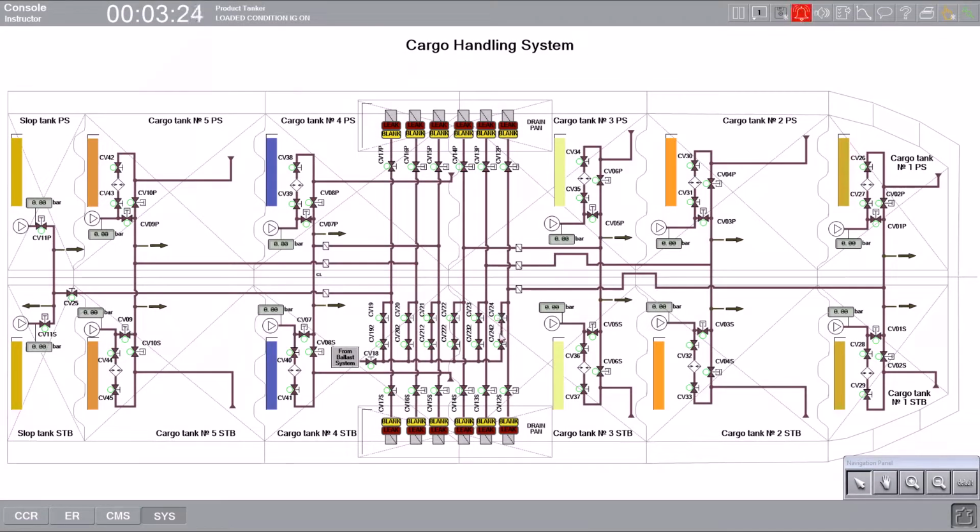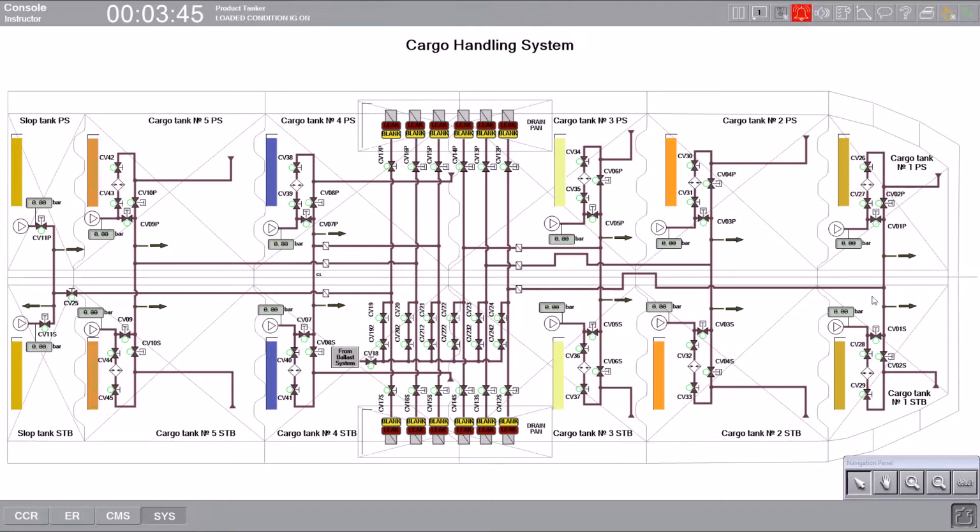However, every line is segregated from another line by 2 cross valves. So that's manifold common lines are protecting leakage and contamination of cargo from one group to another group.